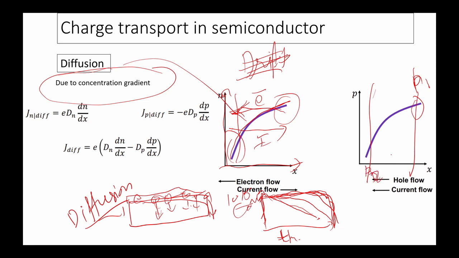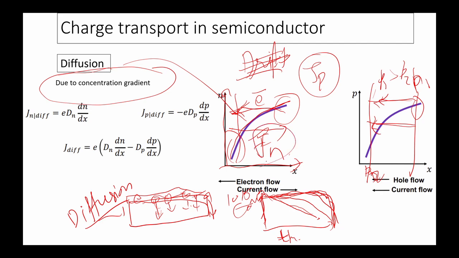Since p1 is greater than p2, holes will move in this direction, and current will also be in the direction of the holes. Because of this there is a diffusion of holes, and that will be a diffusion current Jp. And here it is Jn because of that.